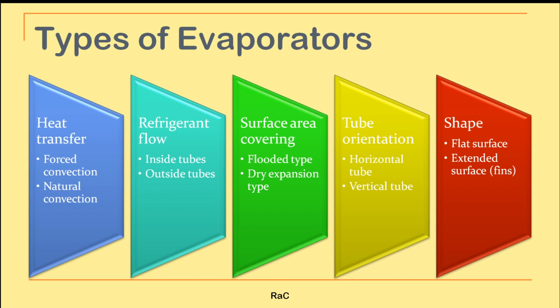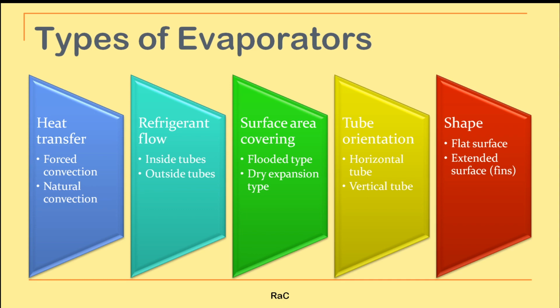Now, depending on the flow of refrigerant, whether it is inside the tubes or outside the tubes, we can classify the evaporators further. Then, surface area, whether it is flowing continuously over the tubes, flooded type, or dry expansion type, whether it is flowing inside the tubes, whether it is covering the entire surface area or merely a smaller portion of the surface area of the evaporator, again, we can classify.